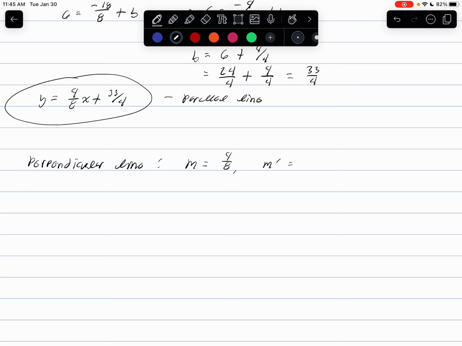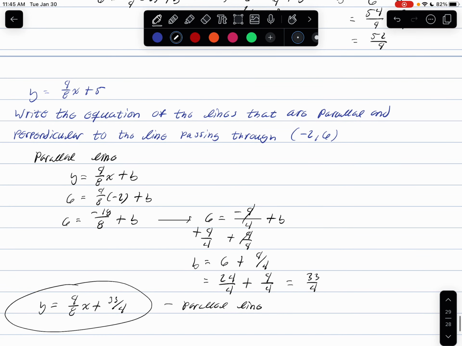So this will become 8 over 9, and we're going to make it negative. So our new slope for our perpendicular line is negative 8 over 9. So the general form of this line is going to be y equals negative 8 over 9x plus b. And we don't know what b is yet.